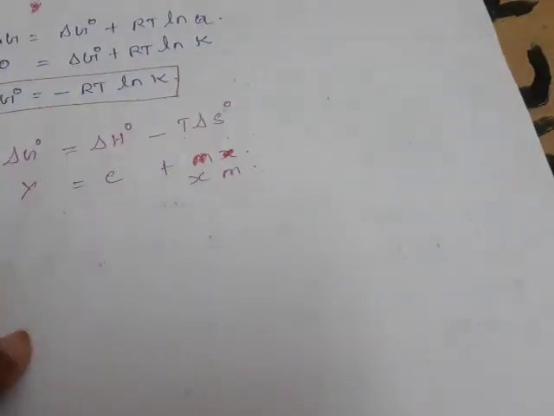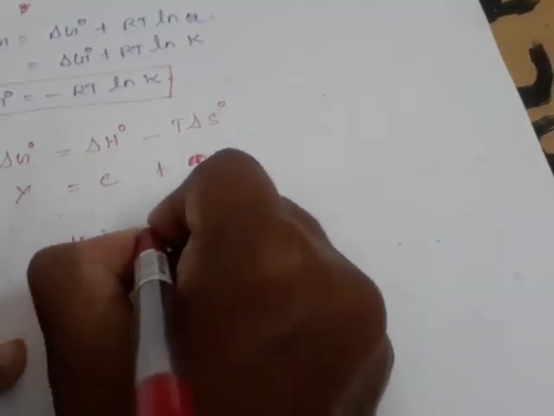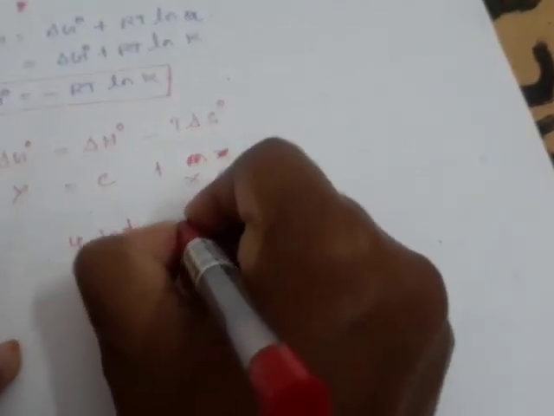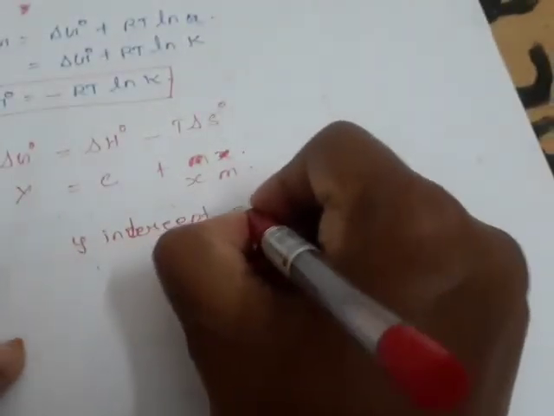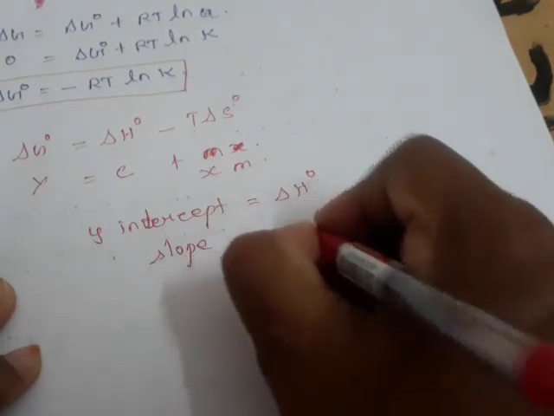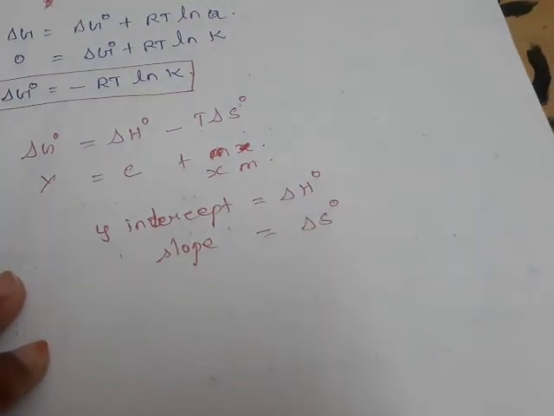So the y intercept is equal to del H naught, and the slope is equal to minus del S naught. This is the important aspect.